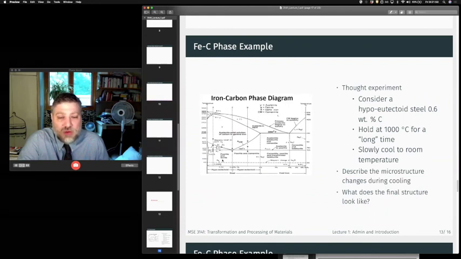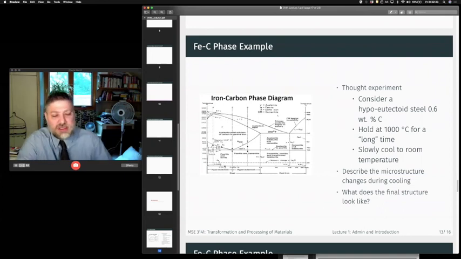And eventually, if we cool it down slowly to room temperature, notice how small this field is over here. If this were an equilibrium phase diagram, it would basically say we'd have a mixture of ferrite and graphite, but since it's the metastable phase diagram, it's going to predict that we have a mixture of ferrite and cementite.